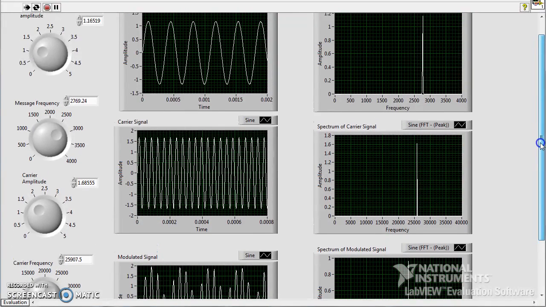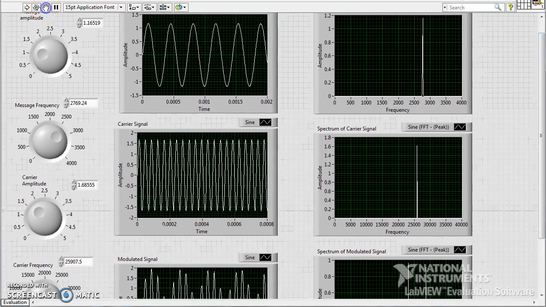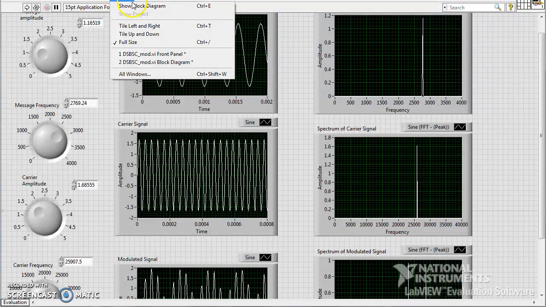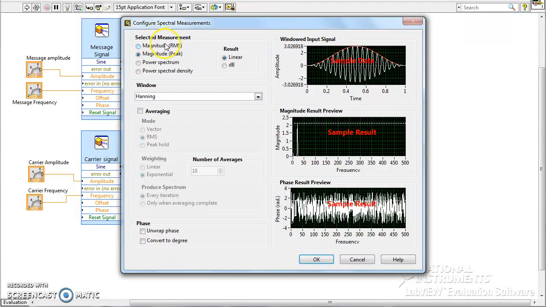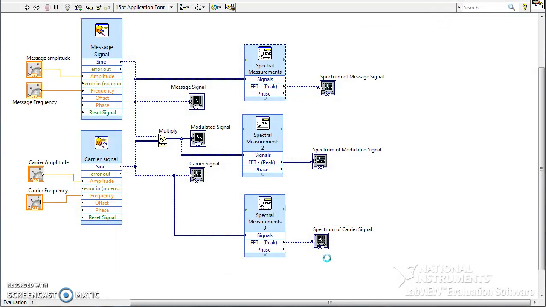Coming up with one more parameter which we had looked at previously with the FFT block. That is the RMS value. Now instead of going with the peak value, I'll select the RMS plot with respect to frequency, click on selected, click on OK.